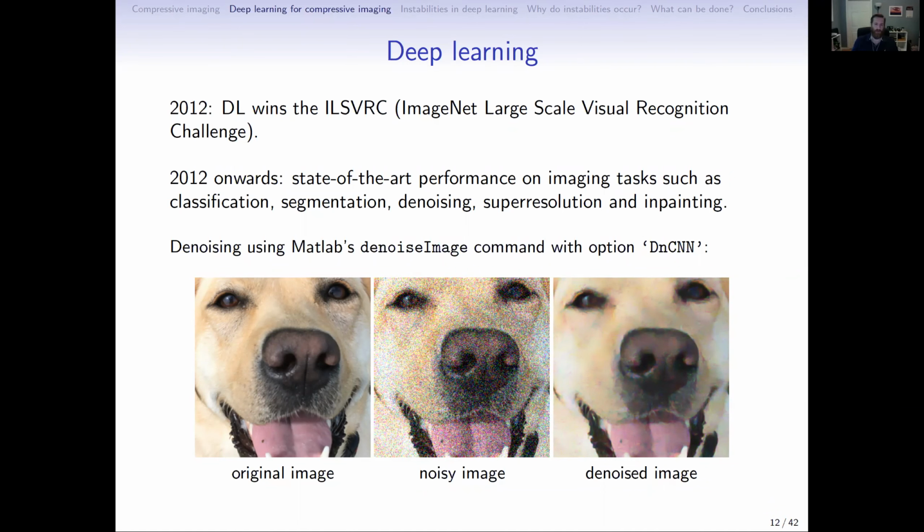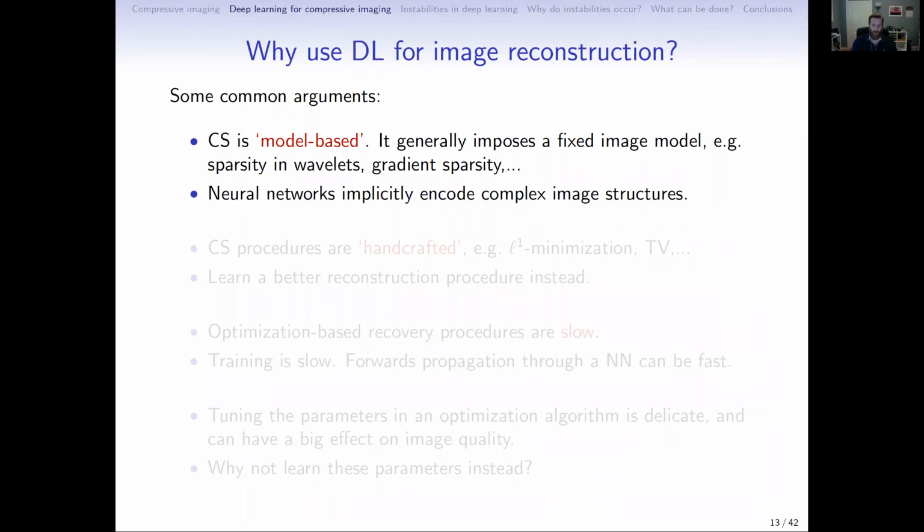So given this wave of interest in using deep learning for imaging tasks, it's not surprising in any sense that people have begun to look at using deep learning to solve image reconstruction problems. But I want to talk for a couple of minutes about why one might do this.